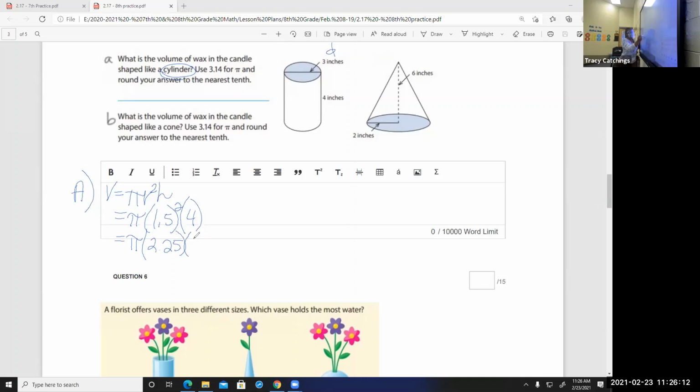Multiply that by 4. 9. All right, multiply 9 by pi. So what are we going to round that to? 28.3. What are we talking about? Inches? Yep. Inches cubed.